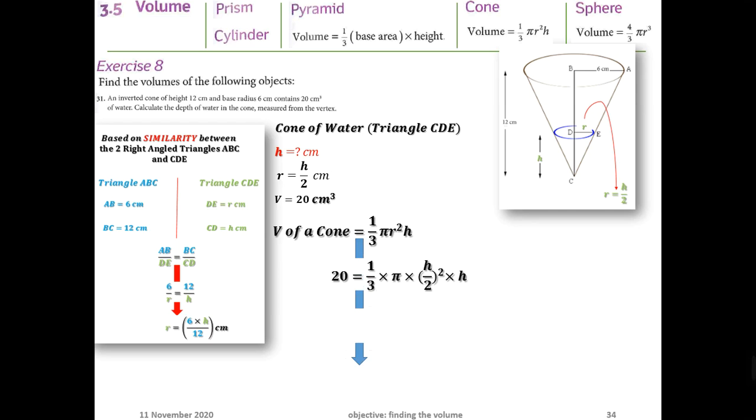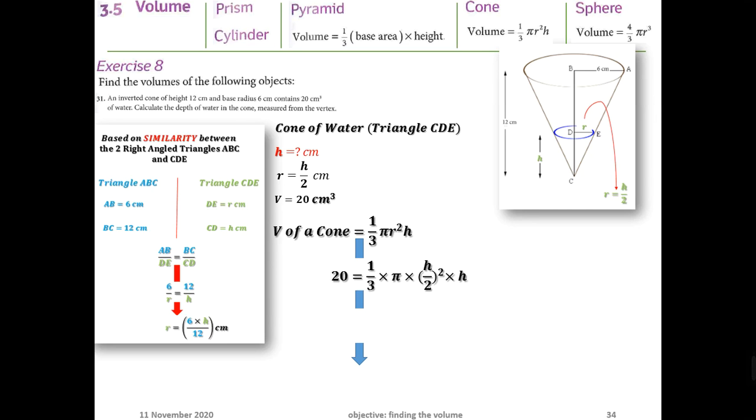What did we do in here? If you look at it, we have an equation with one unknown. So that's why we found R in terms of H. Because if we kept the R and the H, there are going to be two unknowns with one equation, and that cannot be solved.